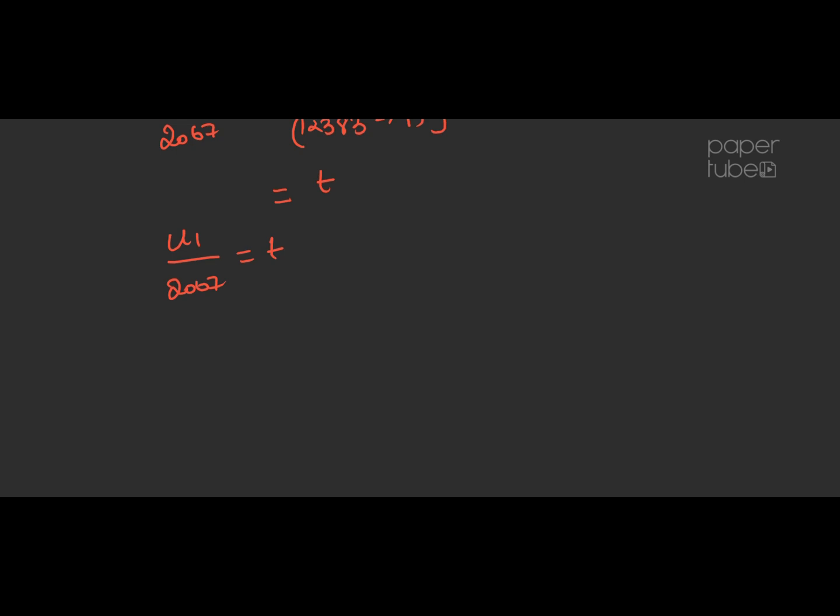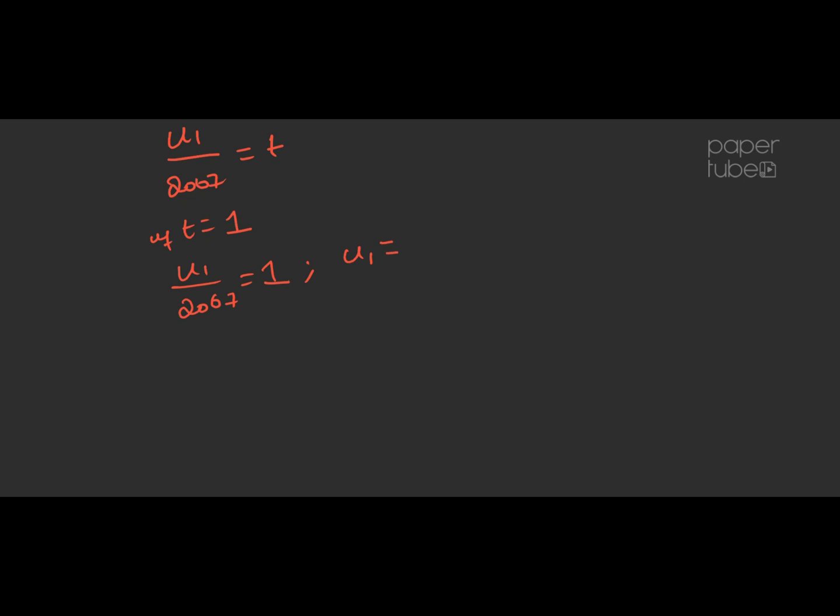If I assume t is equal to 1, then u1 by 2067 will be equal to 1, so u1 is equal to 2067. So you already calculated u1 for the condition t equal to 1.